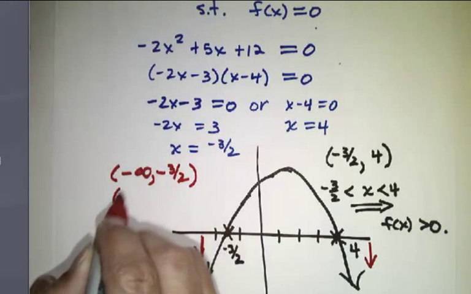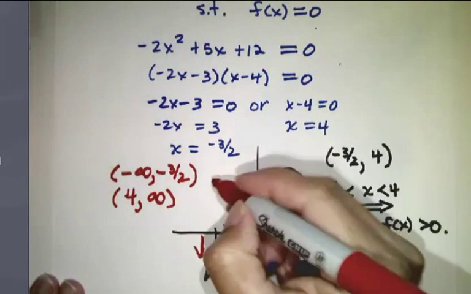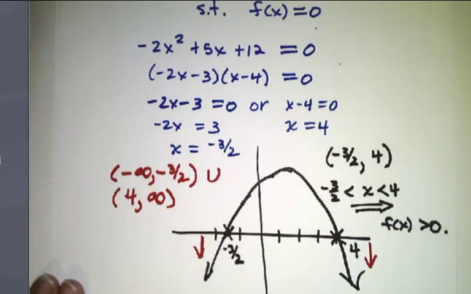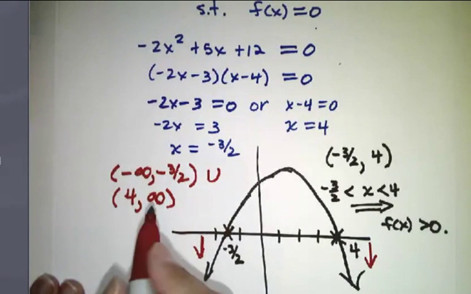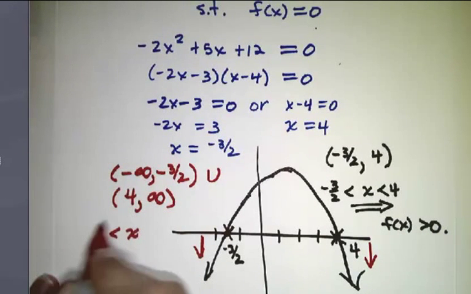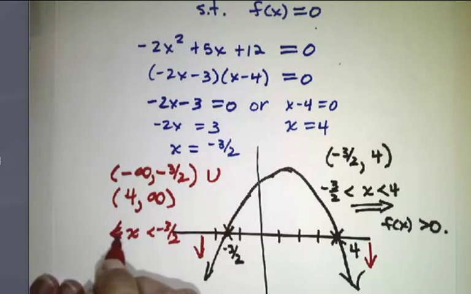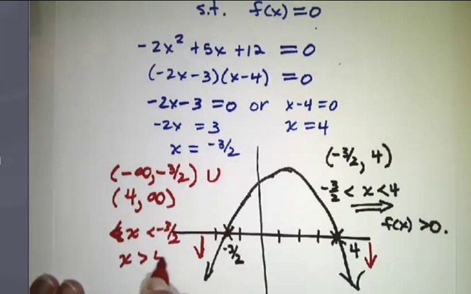And everything from 4 on to positive infinity. We join those by a union sign. We could also write this way: x is less than negative 3/2, or x is bigger than 4.